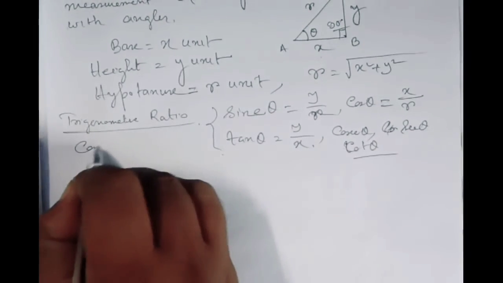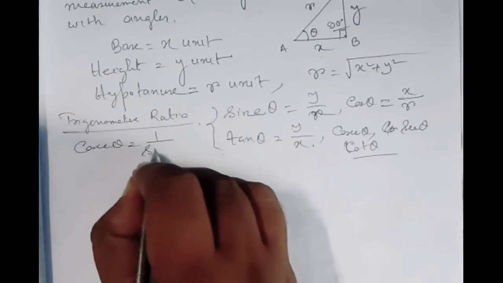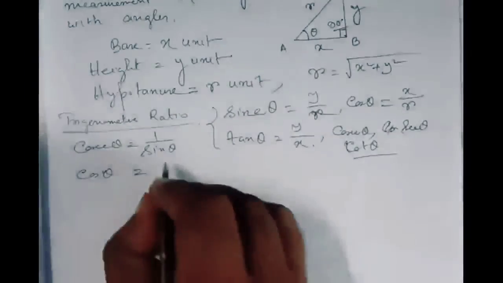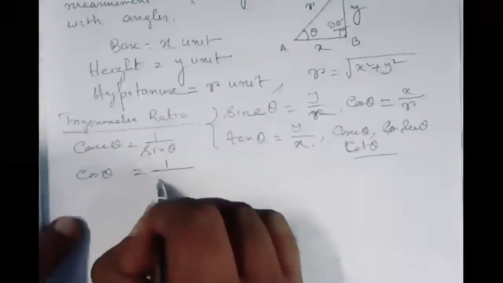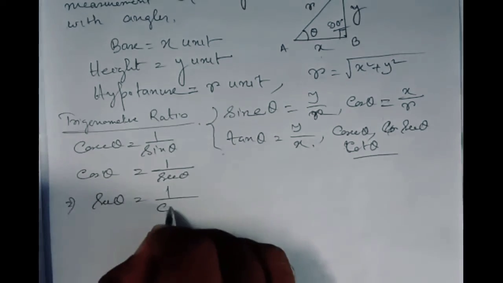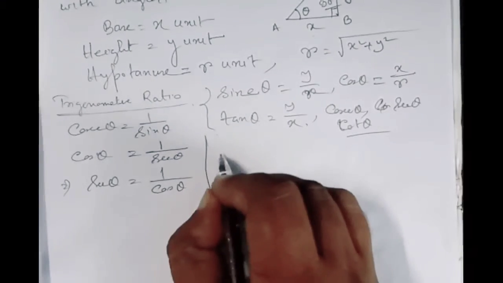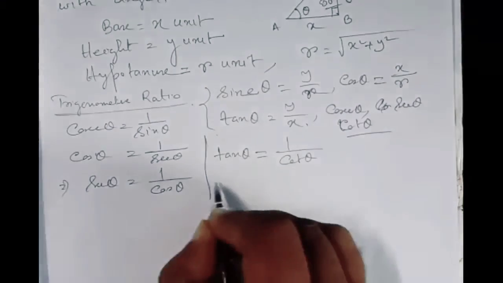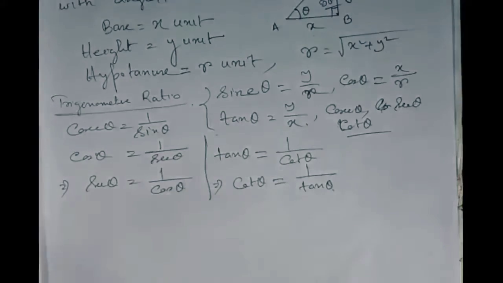Now cosec theta means 1 by sin theta, sec theta means 1 by cos theta, and cot theta means 1 by tan theta, or tan theta means 1 by cot theta.